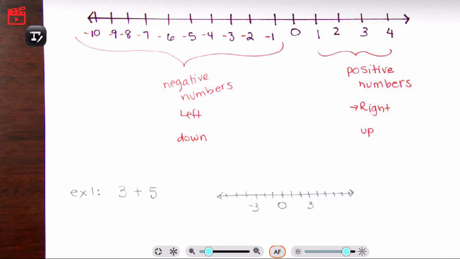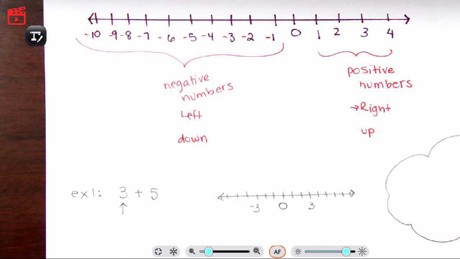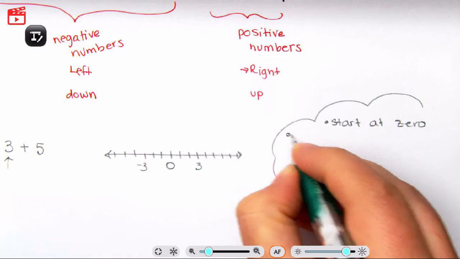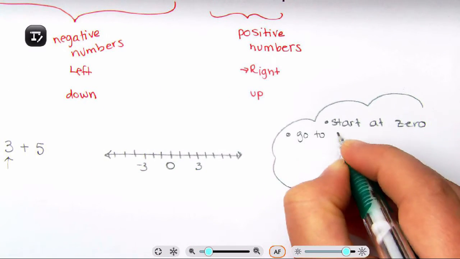Okay, so start at 0. Here's our thinking bubble. You're going to start at 0. Then you're going to go to the first number.